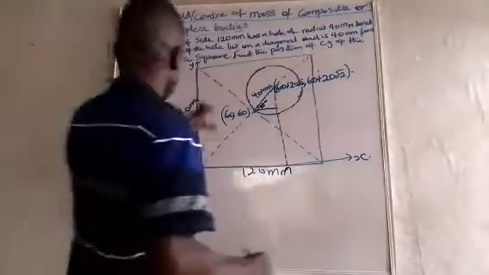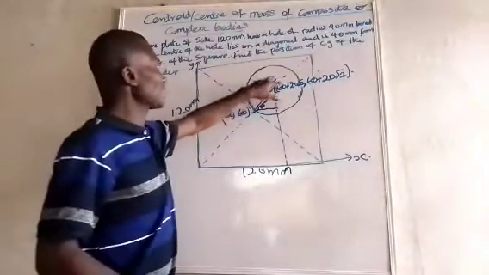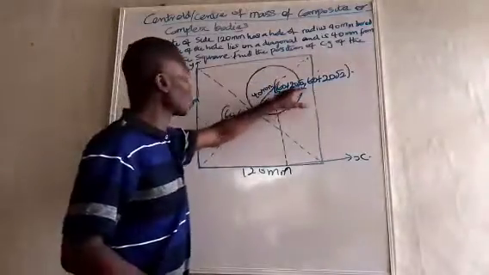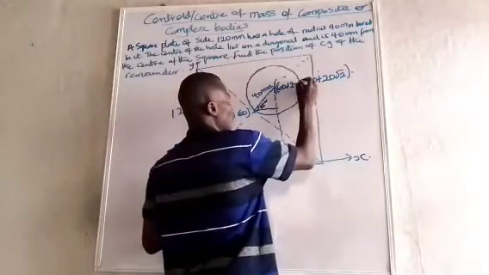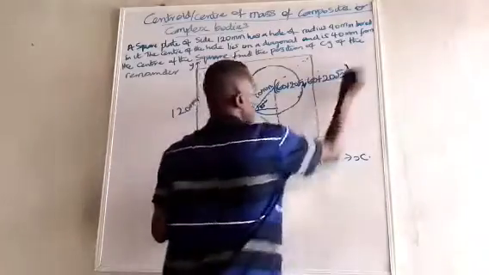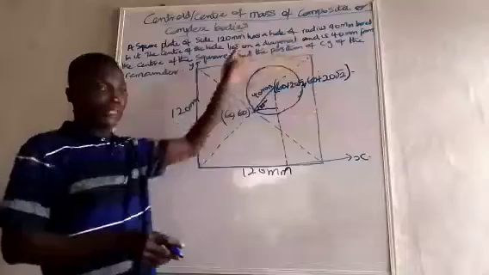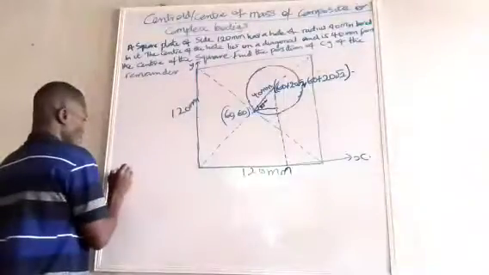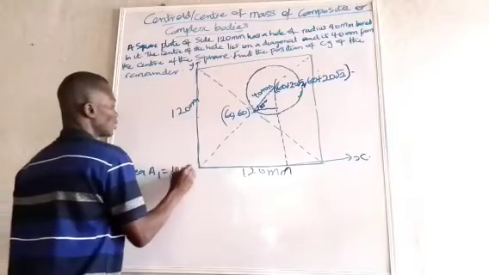Now, for the whole square, the centroid is 60, 60. For the bored circle, the centroid is 60 plus 20 root 2 and 60 plus 20 root 2. So you can see we can now work everything out. Area for the whole shape is 120 squared.